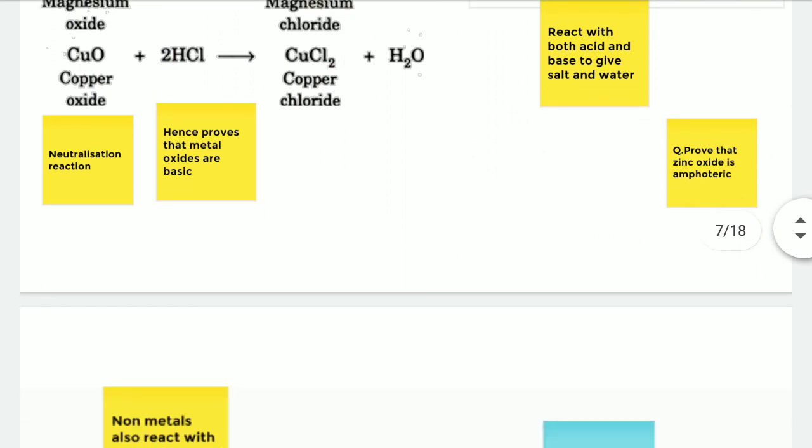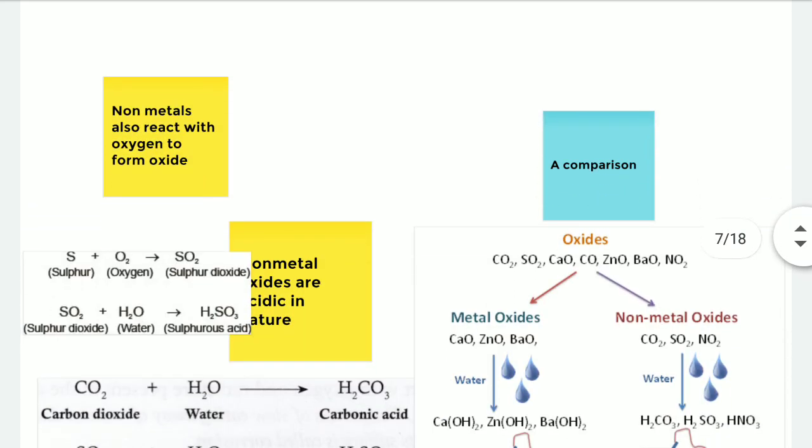Now, when we talk about the reaction of metal with oxygen, we can also say that non-metals react in a similar manner with oxygen to give oxides. For example, sulfur is a non-metal. Sulfur will react with oxygen to give sulfur dioxide. S plus O2 gives SO2.